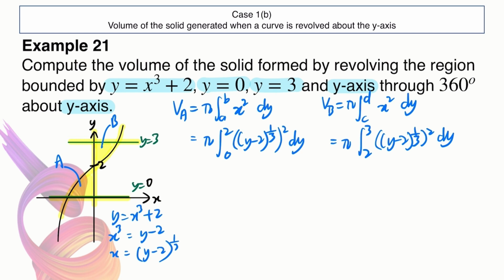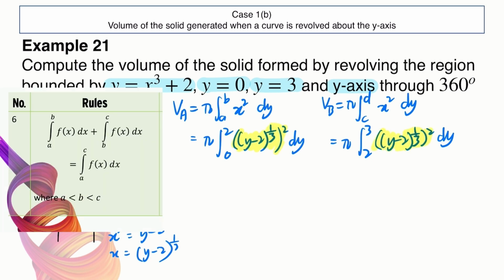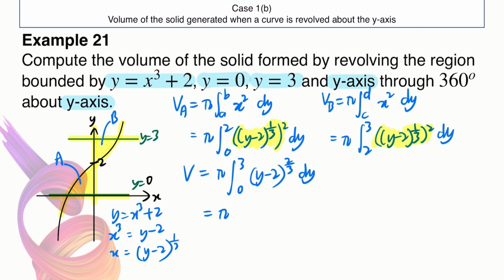If you can see here, we can follow the properties of integration. Here we have a function which is the same as this function. If we follow these properties, we can apply them to this type of question, so the total volume will be pi integral from 0 to 3 of the same function. Alright, let's integrate this function.